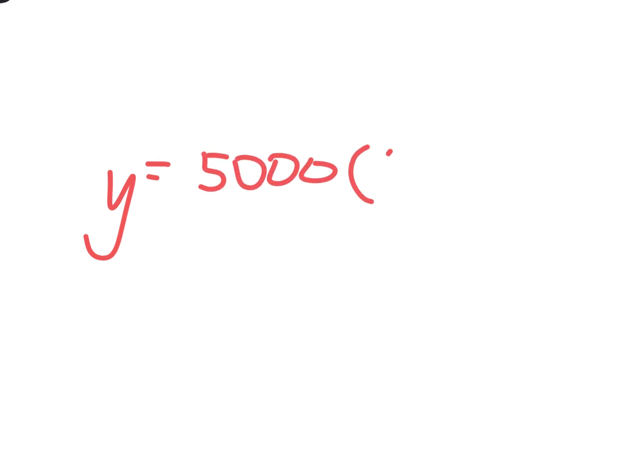If you wrote this, y equaled 5,000 times 1 plus 0.10, but I didn't tell you how long it would take, right? Then you better put an X up there. And then what did I tell you? It was going to be 1,000,000. Where do you put that?